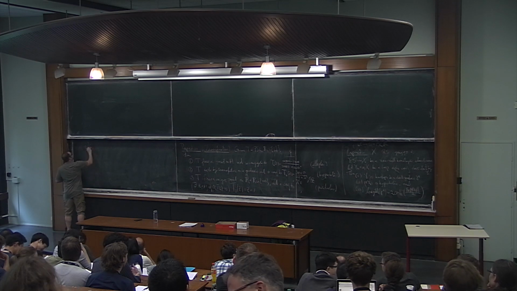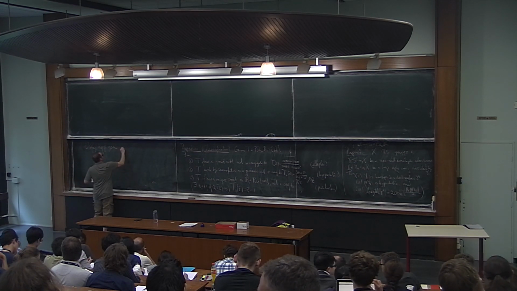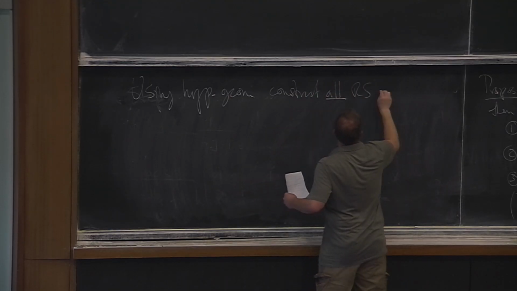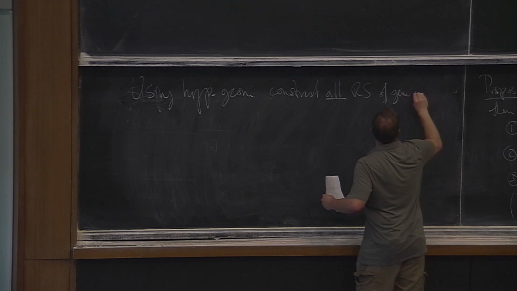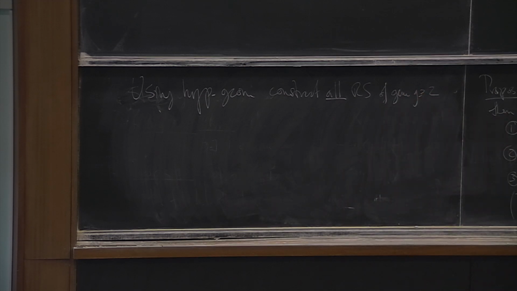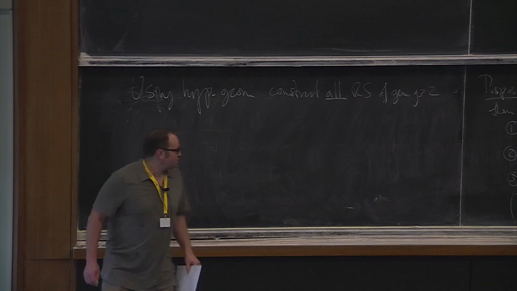Okay. Using hyperbolic geometry, let's construct all Riemann surfaces of genus G, at least 2. Well, I mean, construct them up to holomorphic diffeomorphism, or up to what I'm really thinking, up to isometry. Okay? So let's do it in steps.